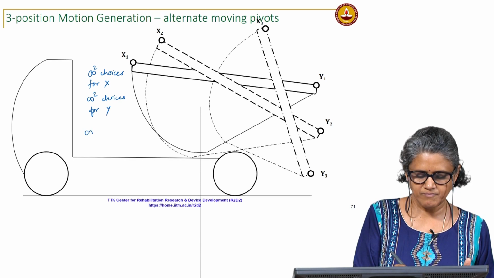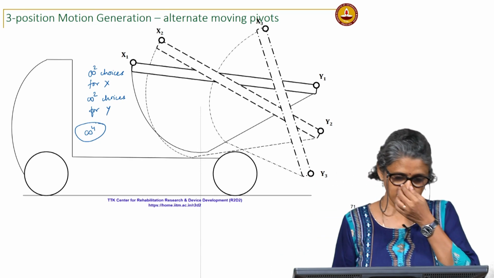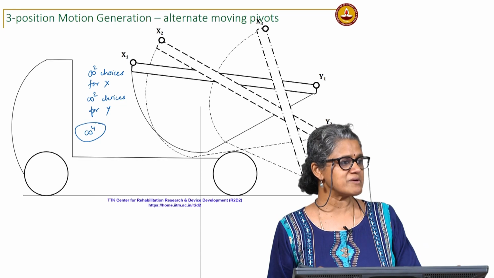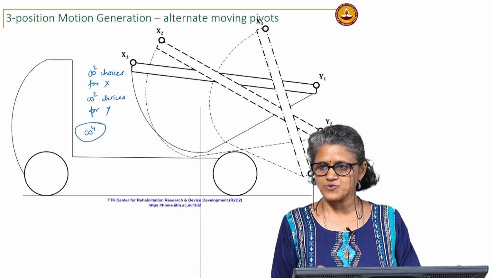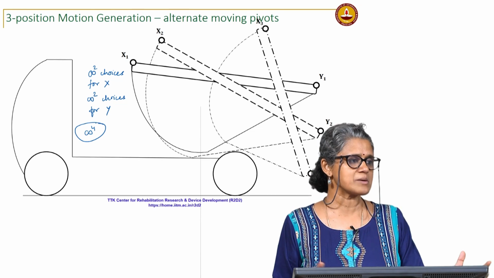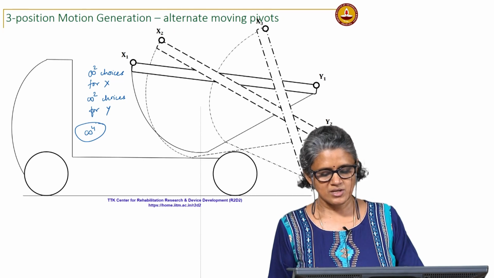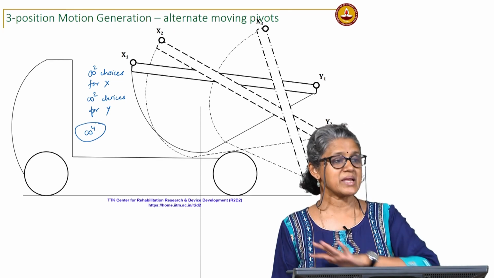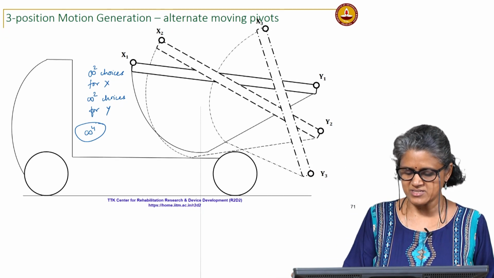So, together, even for 3 position generation, the choice of the moving pivots gives you infinity to the power 4 choices for your pivots. How many of those are practical is a different matter. The fact is you do have those choices. So, anywhere in the plane is where we can take these moving pivots to be.